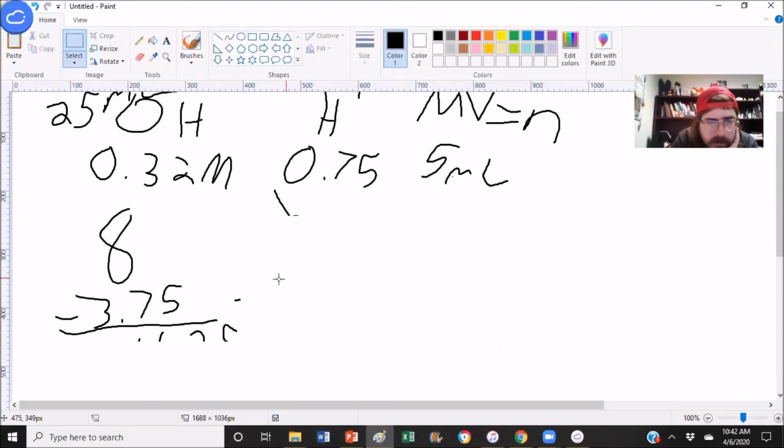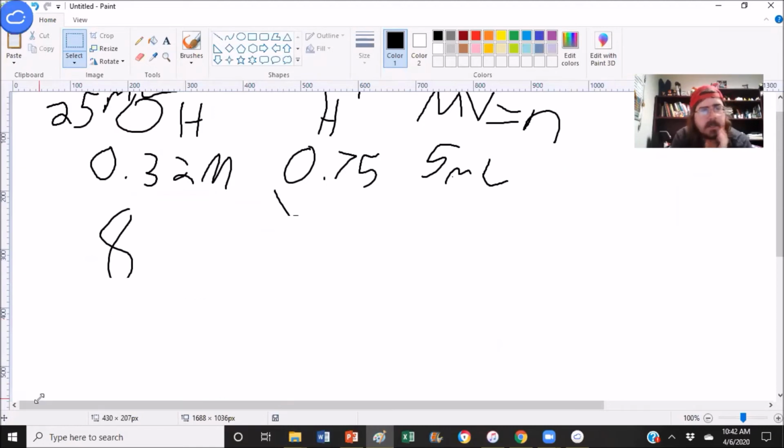Hypothetically, at equivalence point, that 8 isn't going to change. The amount of base we started with will never change. We had 25 mils of base at 0.32 molar. That's always going to be 8 millimoles, never going to change from our initial calculation.